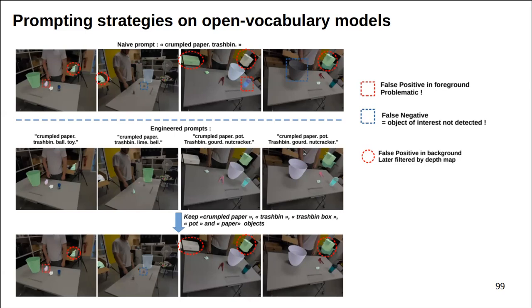Ensuite, j'ai fait du prompt engineering à la main : j'ajoutais autre chose que mes objets d'intérêt dans mes prompts, pour détecter tous les objets et être sûr que mon modèle détecte tout, et ensuite je les filtre. Je l'ai fait à la main.